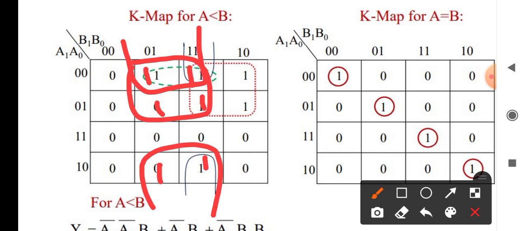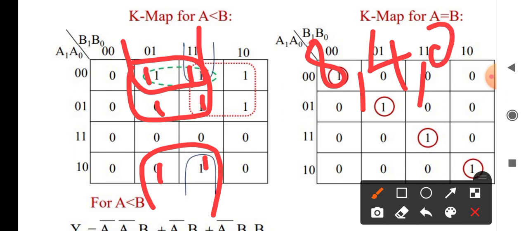First you have to see whether we can go for octets, next whether we can go for quads, and after that whether we can have pairs. Octets are very rare, quads are very common, and pairs are also very common. So try to see whether you can go for octets, quads or pairs.